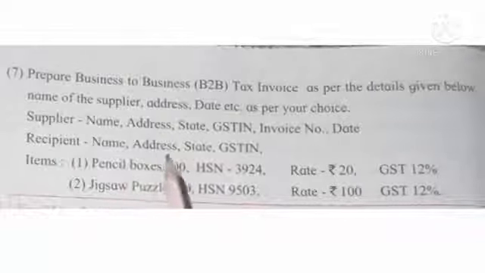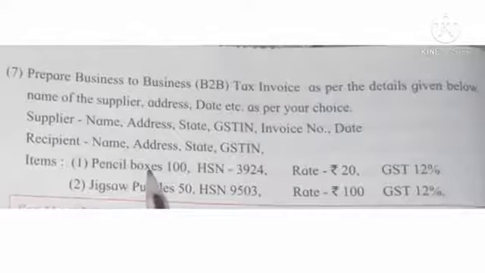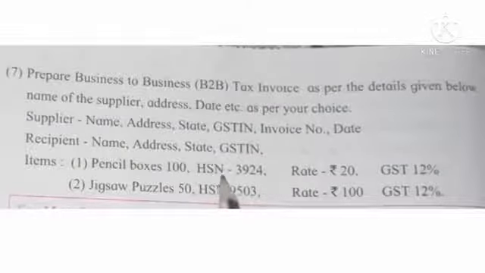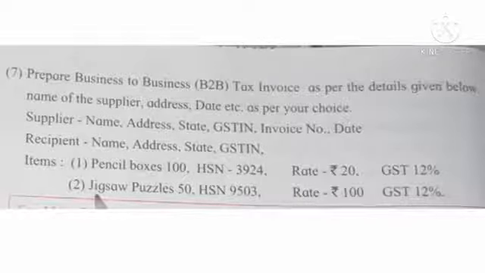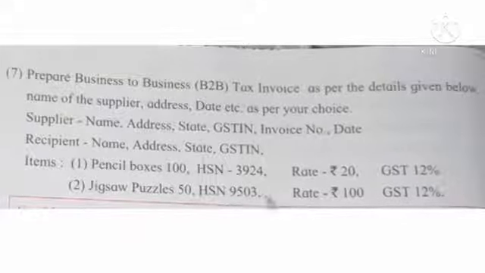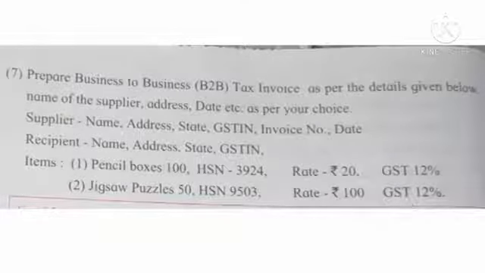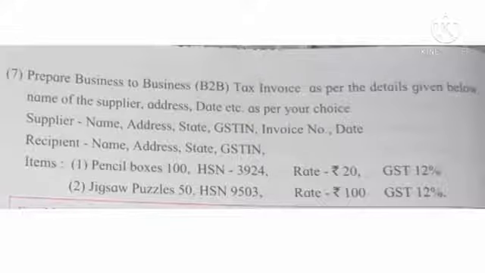Recipient name, address, state, GSTIN number. Which items? Pencil boxes 100, HSN is given, rate is given and GST is given. Jigsaw puzzles 50, HSN code is given, rate is given and GST is given. We have to prepare business to business tax invoice. So let's start.